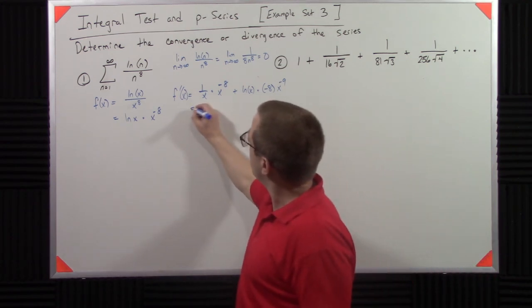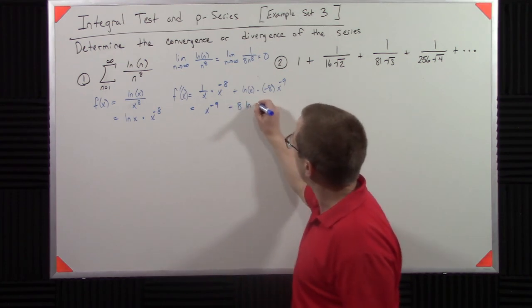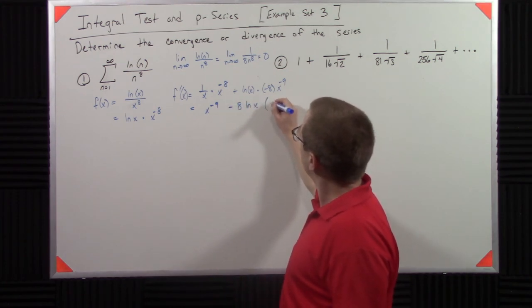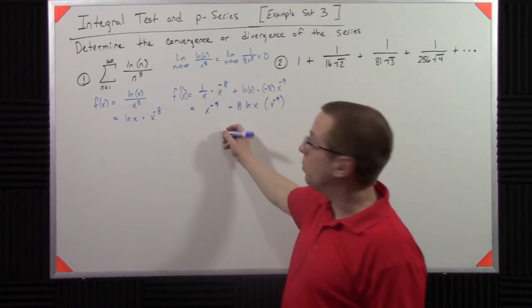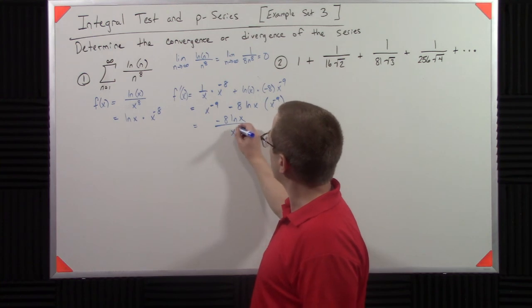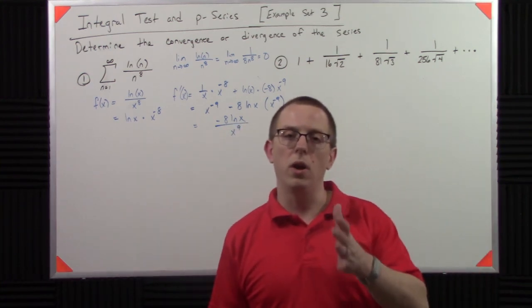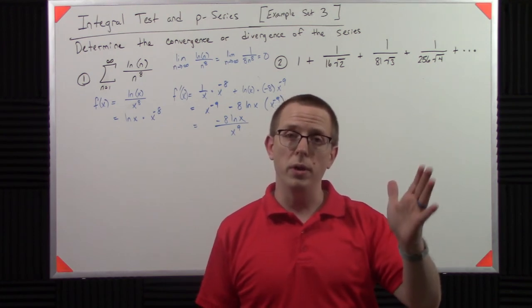So this is going to be x to the negative 9 minus 8 natural log x times x to the negative 9, which then becomes negative 8 natural log x over x to the 9th. And so we already said we're only considering the cases where x is greater than 1.